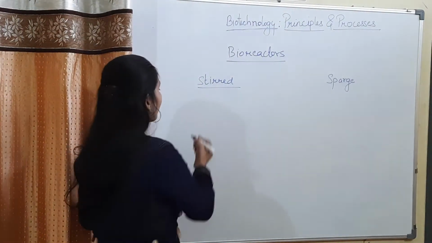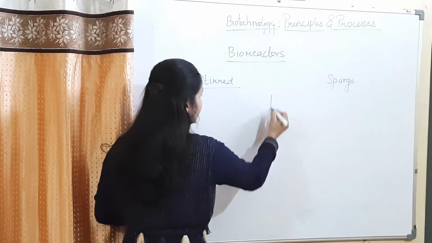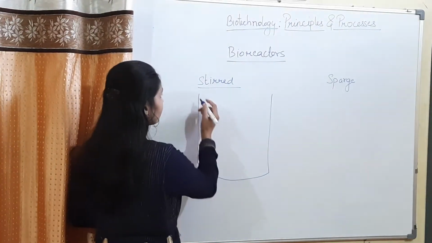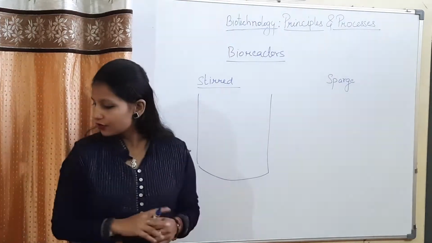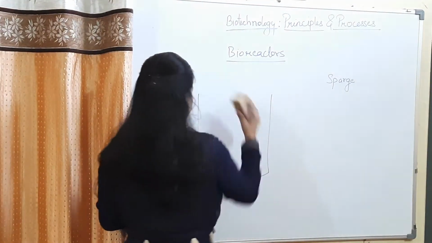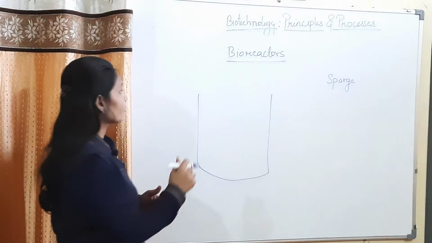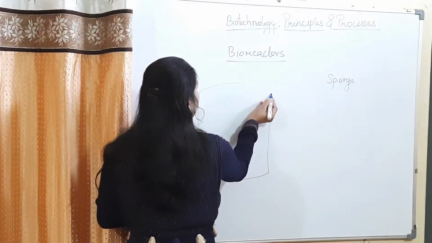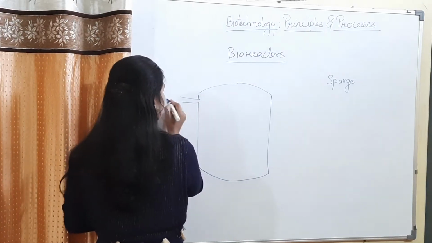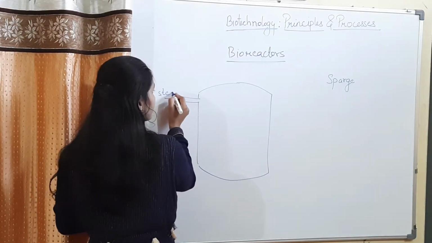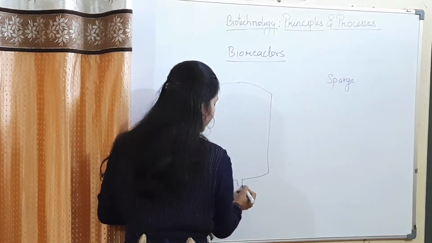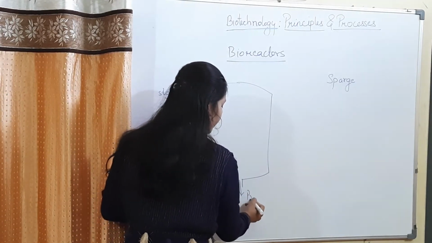This type of bioreactor has a steel tank which is curved from the bottom and also curved from the upper portion. Now we have an inlet here for steam, for sterilization, and we have an outlet here for obtaining the product.